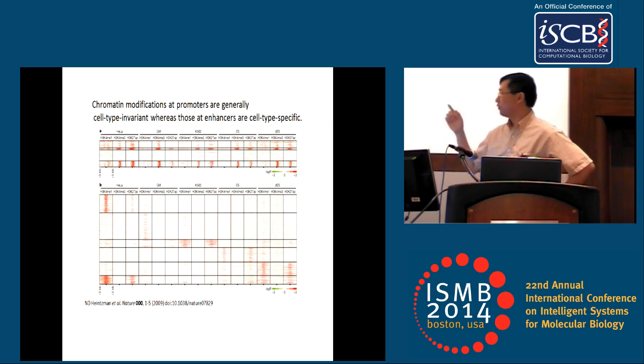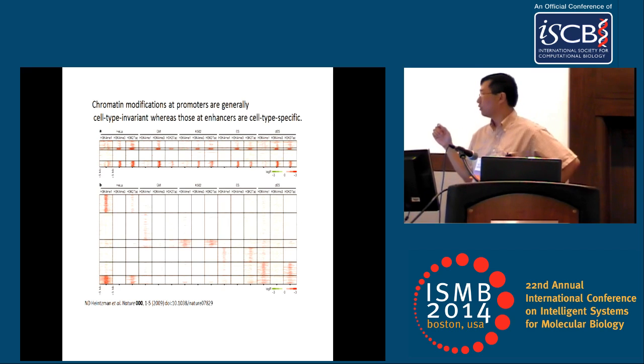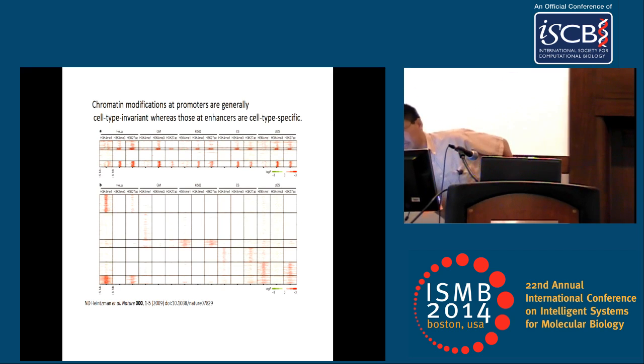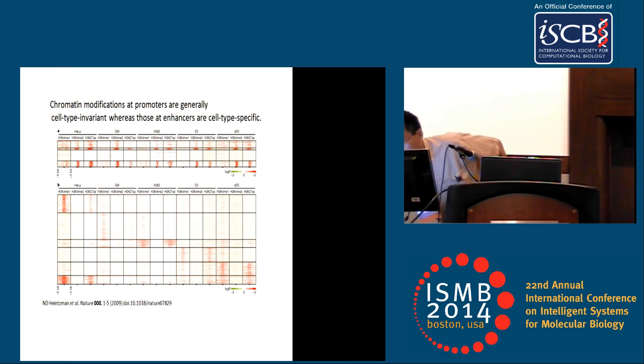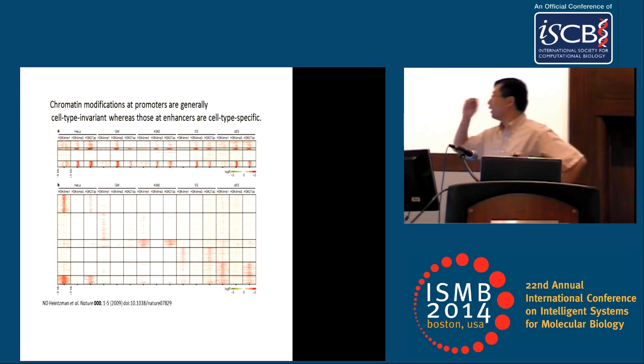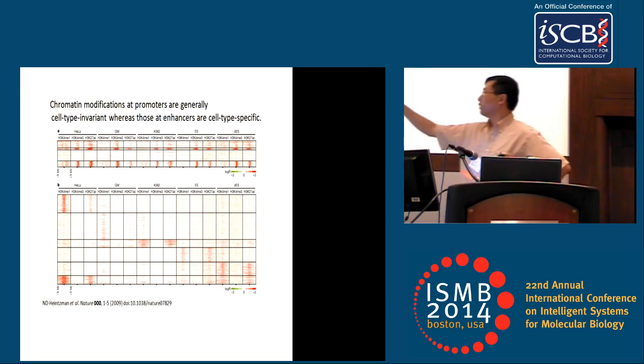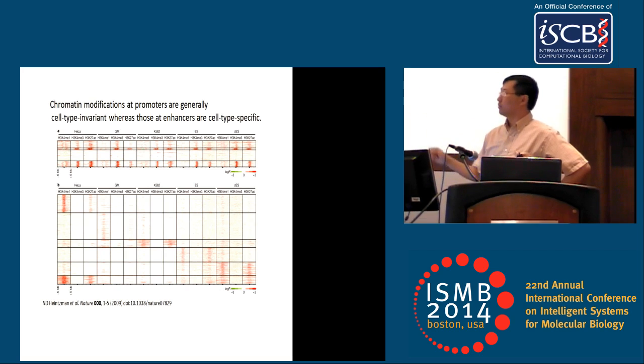A very well-known example to illustrate that was shown by Bing Ren's group. It doesn't work, so I'll just use my words. On the top level, that's the promoter level.